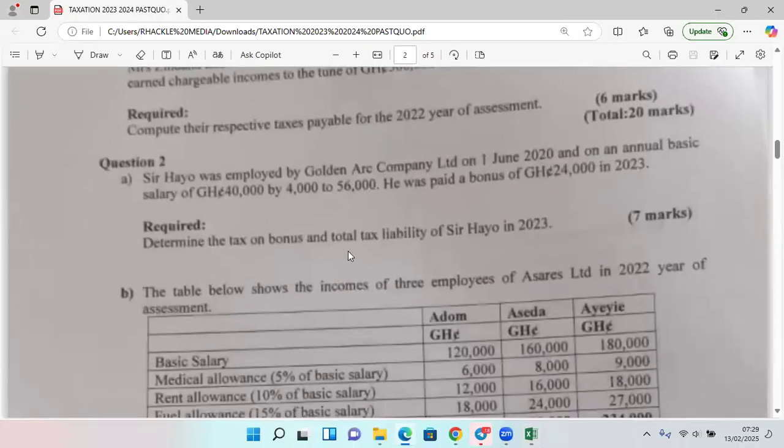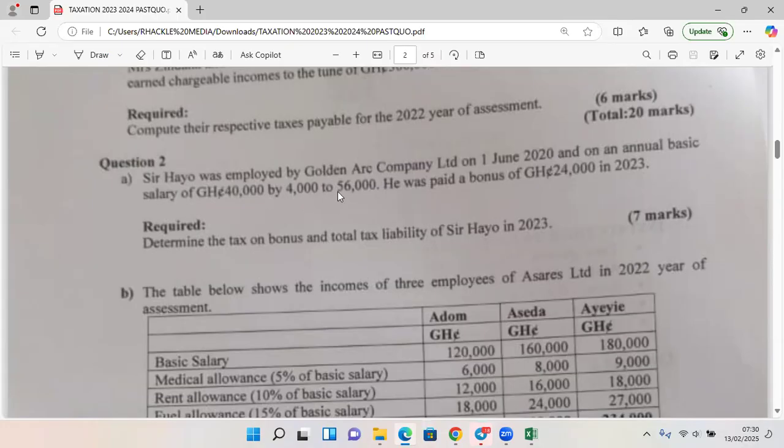Question 2. Mr. Hayo was employed by Golden Act Company on 1st June 2020 on an annual basic salary of 40,000.